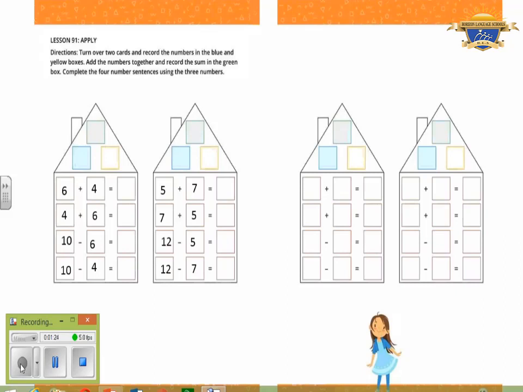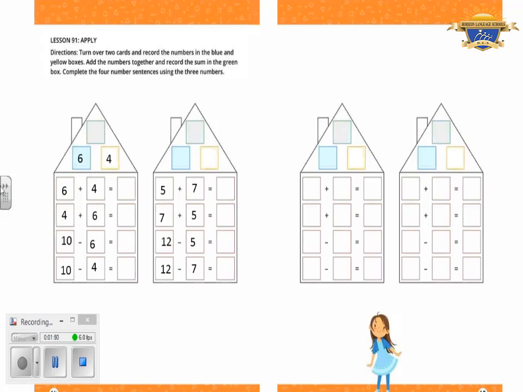We have here numbers. Our first number is number 6. And the next number is number 4. But we have here a missing number. To find this missing number, we have to add 6 and 4.